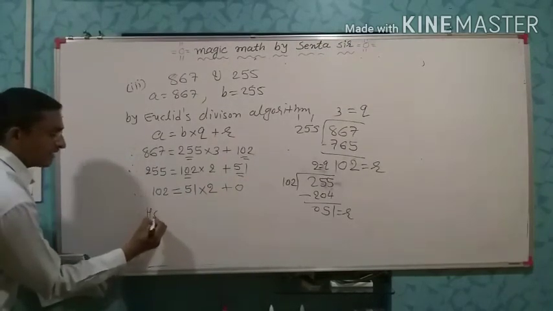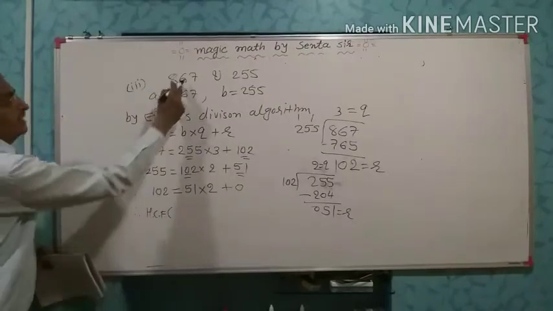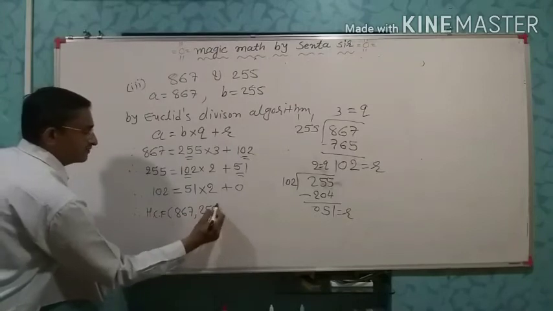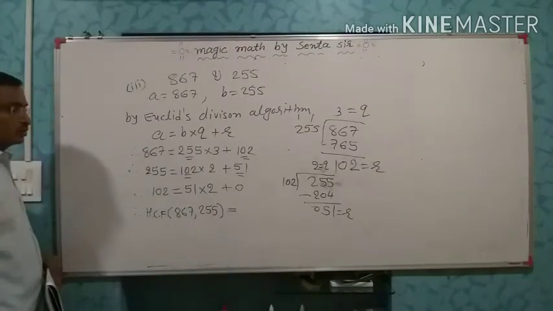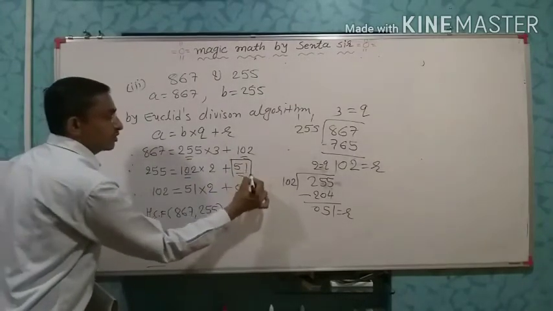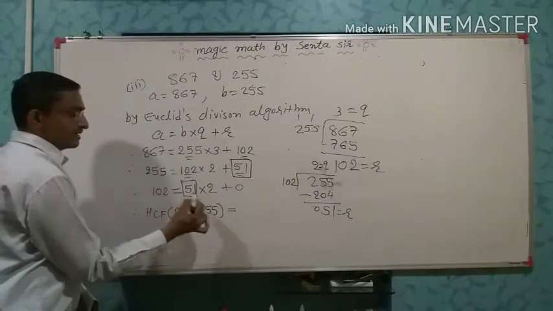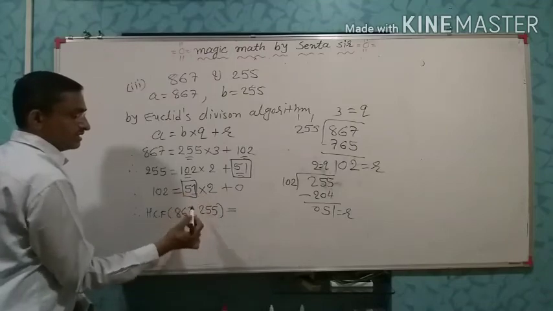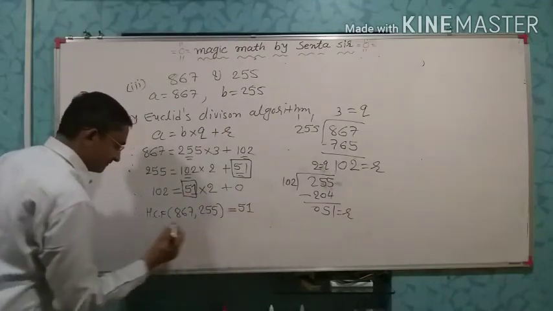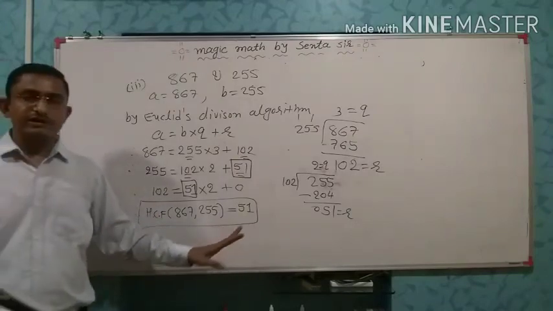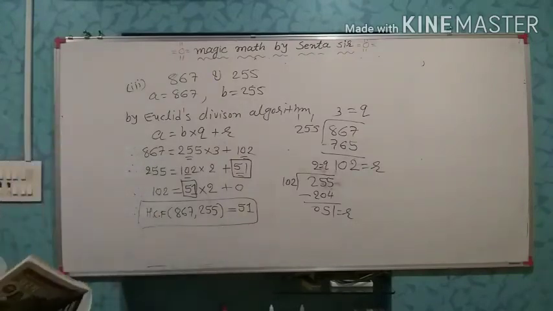Therefore HCF of 867 and 255 is equal to the last non-zero remainder, and the divisor when the remainder is 0, both are the same, 51. Therefore HCF is 51, that is the answer. Friends, take a screenshot and write down in your notebook.